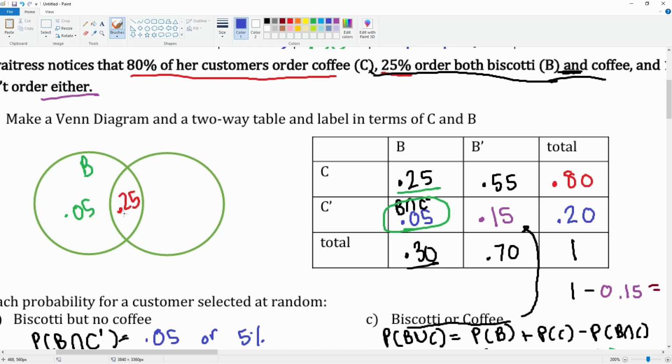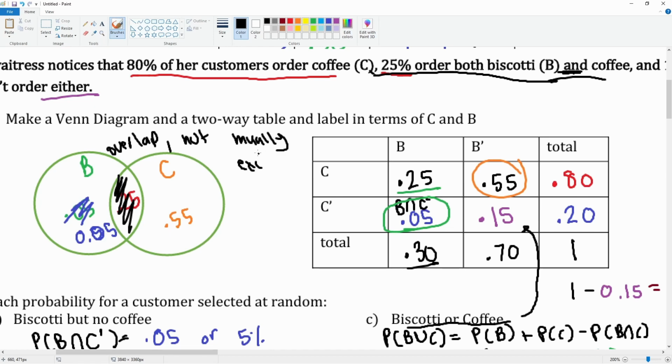I should make that in blue. And then the other part, right here, is C and not B, which is 0.55. So you see how there is an overlap? Therefore, this is not mutually exclusive.